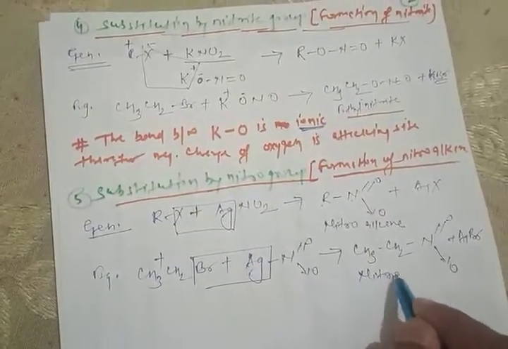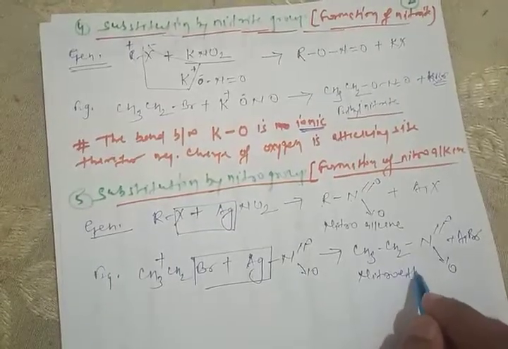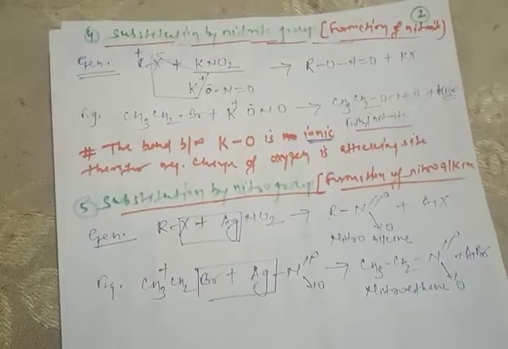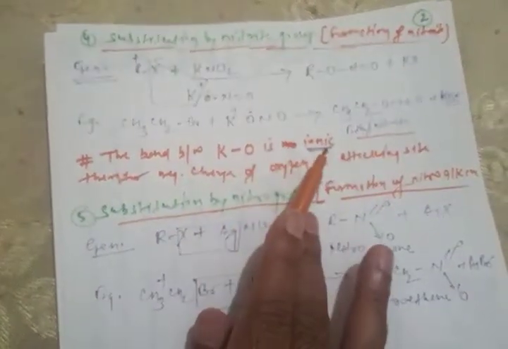This is nitroethane, with 2 carbons. Now what is important here? The bond between K and O is ionic.